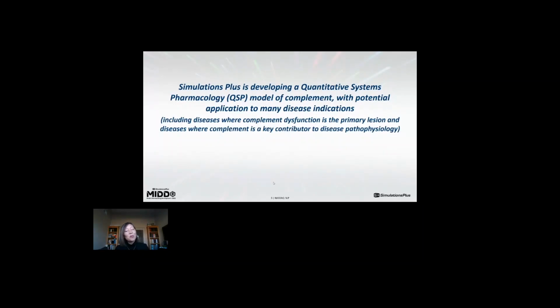So with a pharma partner, Simulations Plus is developing a quantitative systems pharmacology model of complement. The idea is for it to be applicable to multiple disease indications. This includes diseases where complement dysfunction is the primary driver of the disease pathophysiology, as well as diseases that have a more complex nature, but where complement is thought to be a participant.